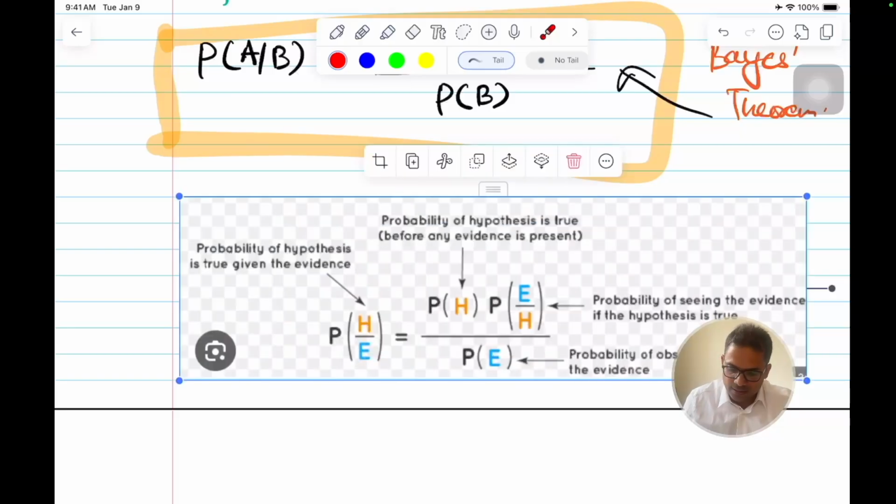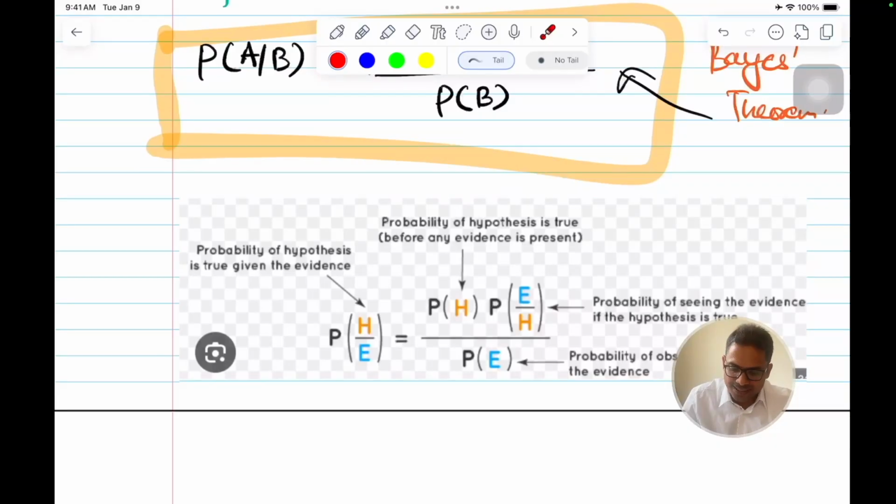Instead of A and B, replace A with H for hypothesis and B with E for evidence. So probability of hypothesis given evidence. So this is your A, this is your B, and then this formula. Probability of hypothesis being true given the evidence.